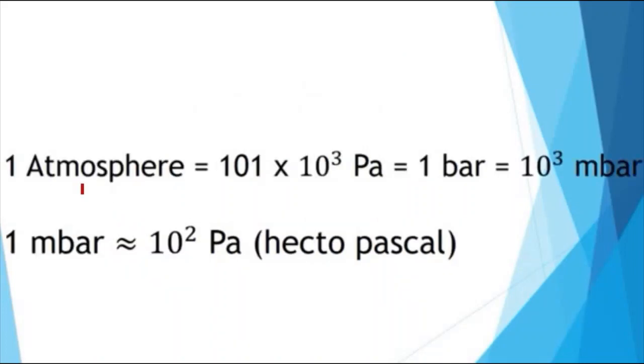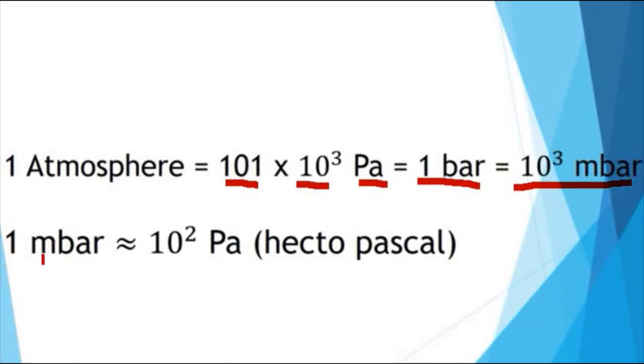Now, conversion of pressure. 1 atmosphere is equal to 101 into 10 raised to 3 Pascal, which is equal to 1 bar, equal to 10 raised to 3 millibar.